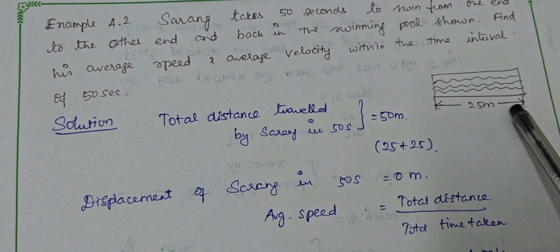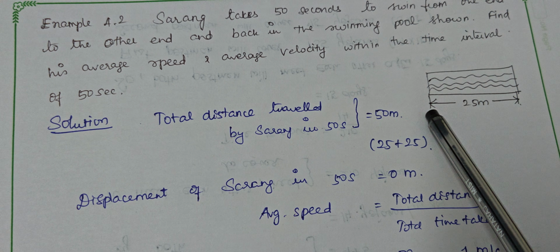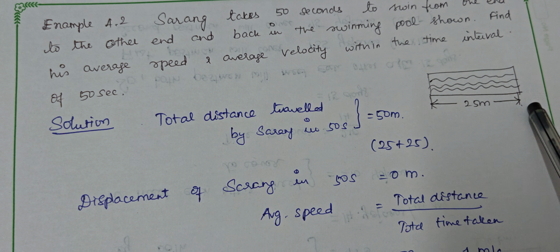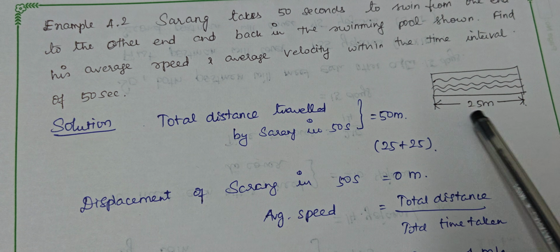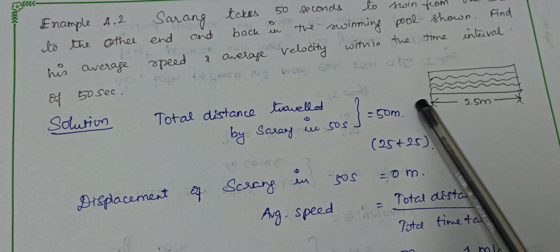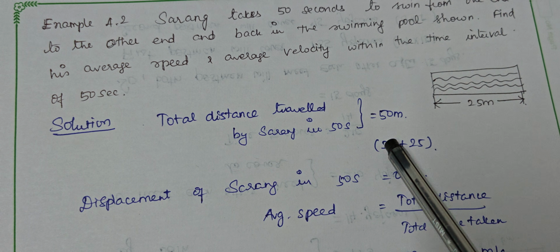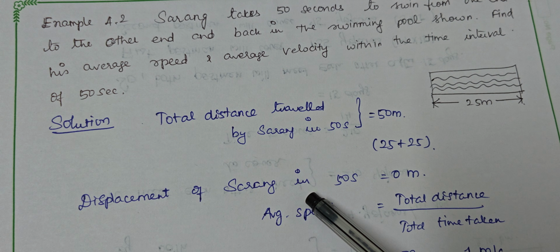Because in the figure, 25 meter is the length of the swimming pool. He started from one point, reached the other end, and then returned back in 50 seconds. So the total distance traveled by Sarang is 25 meter plus 25 meter, totally 50 meter.